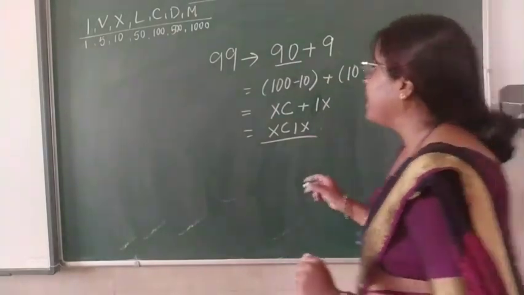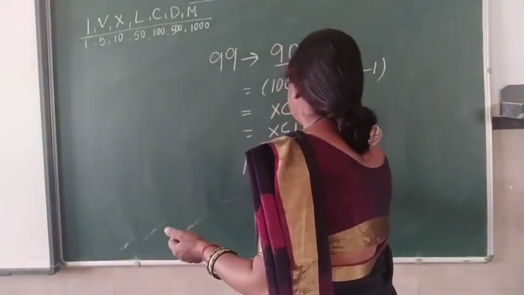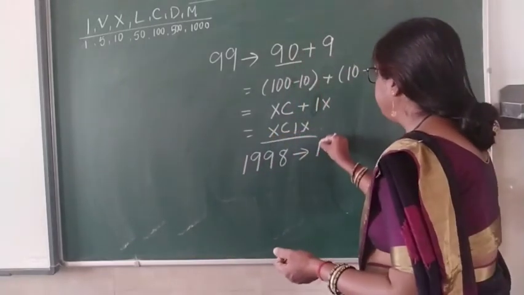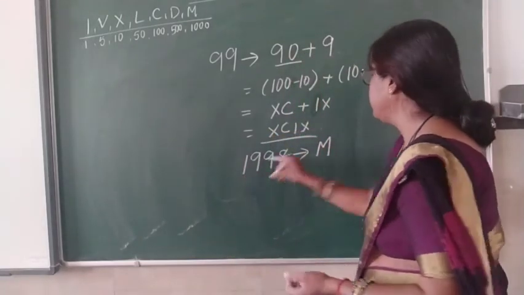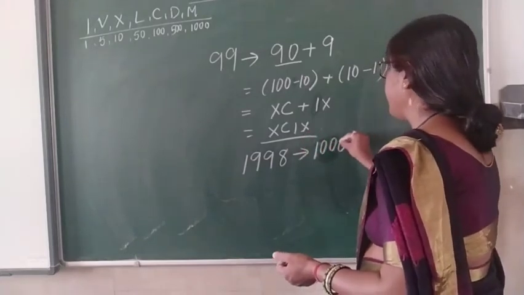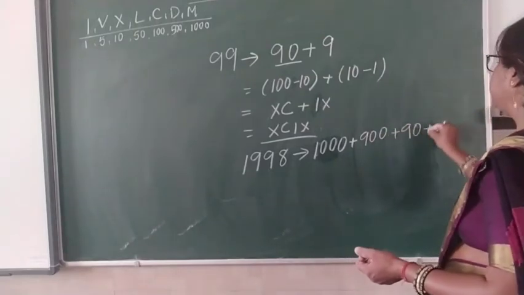If I have to write down 1998, then M for 1000. First we break it into the place value: 1000 plus 900 plus 90 plus 8.